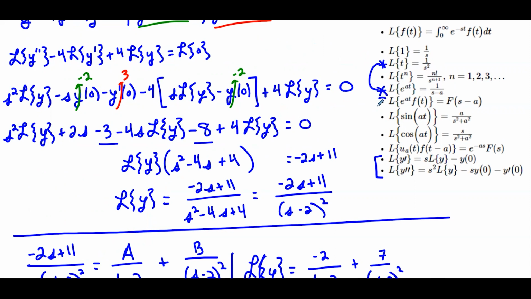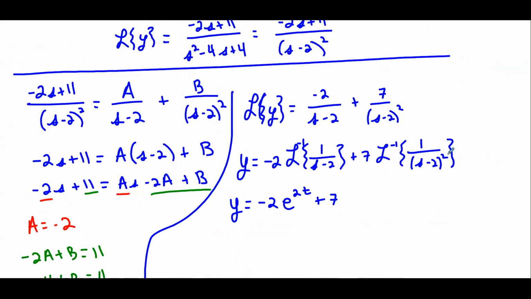So actually we're using this guy right here. So if our Laplace transform is shifted by a, then we just multiply the original function by e to the at. So the original function we could say is 1 over s squared, and then it's shifted by 2. So this is going to be e to the 2t, that does the shift, and then the inverse Laplace transform of 1 over s squared is t.